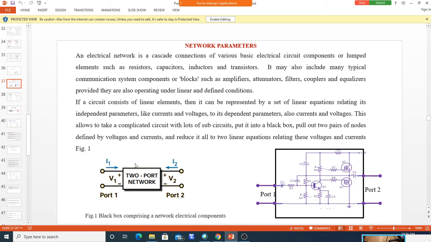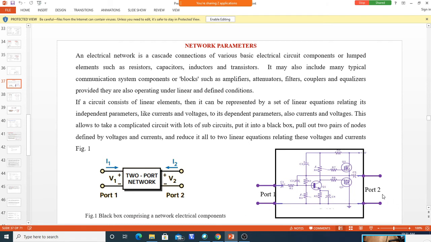It may be an amplifier, which has many active devices like MOSFET and BJT, capacitors, inductors, resistors, all connected together. But we are only looking at what input we are giving and what the output is. We are not bothering about what is inside, because most of them are available in the form of ICs. Mixers and power dividers are available as devices. So we give input here and check output here.